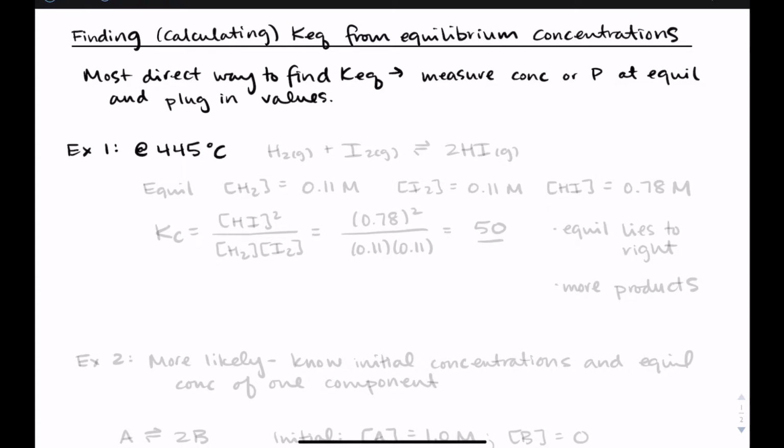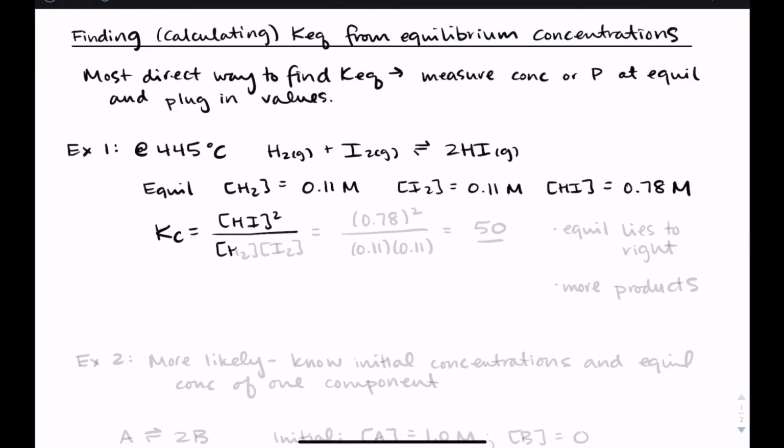So here's an example. At 445 degrees Celsius, the reaction H2 plus I2 in equilibrium with 2HI. If at equilibrium, my H2 concentration is 0.11 molar, my I2 concentration is 0.11 molar, and my HI concentration is 0.78 molar, my equilibrium constant, the expression for which is the concentration of HI squared divided by concentration of H2 times concentration of I2.